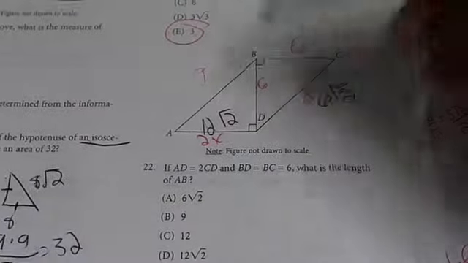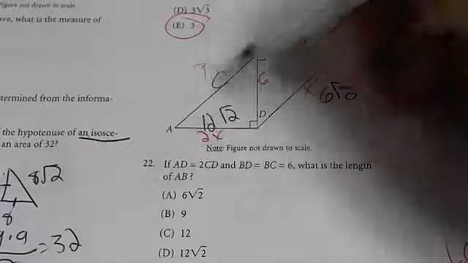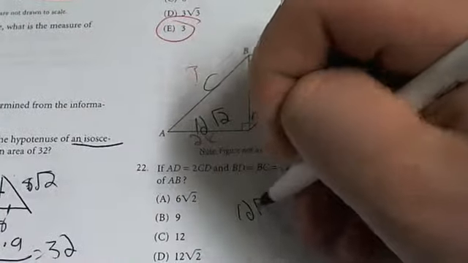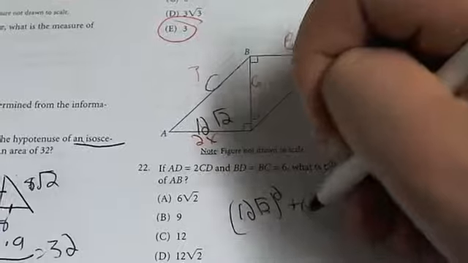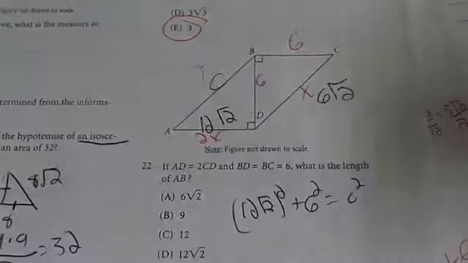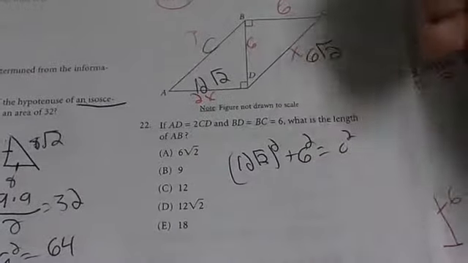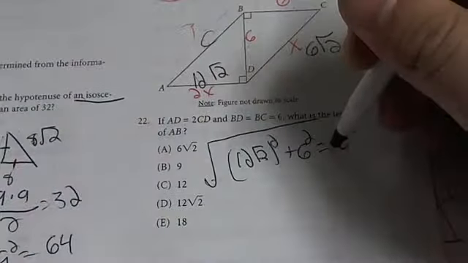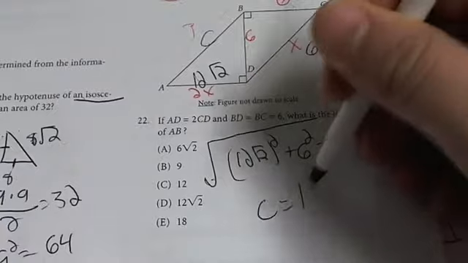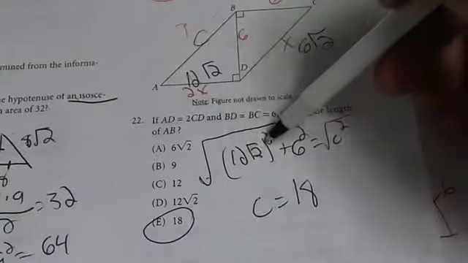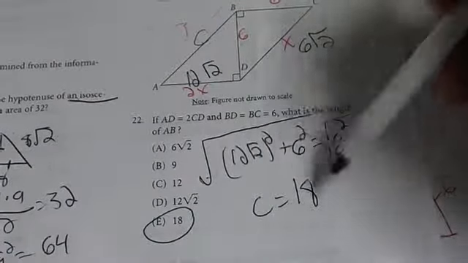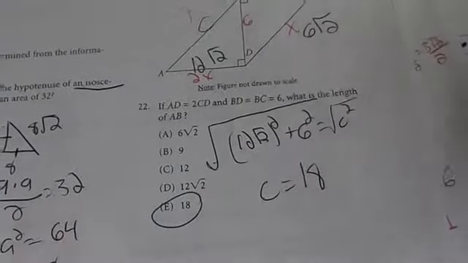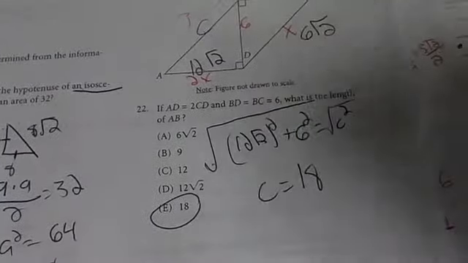Now we have to use the Pythagorean theorem to find C. So we have 12 square root of 2 squared plus 6 squared is equal to C squared. Hopefully you have a calculator. So you do all this calculation. You square this, add 36, take the square root of that, and you end up getting 18. So again, you are allowed to have a calculator on the test, so hopefully you have one with you when you're doing the practice problems.